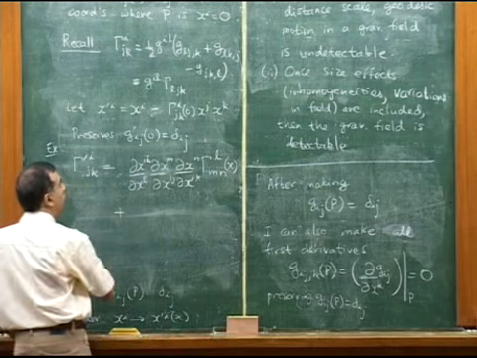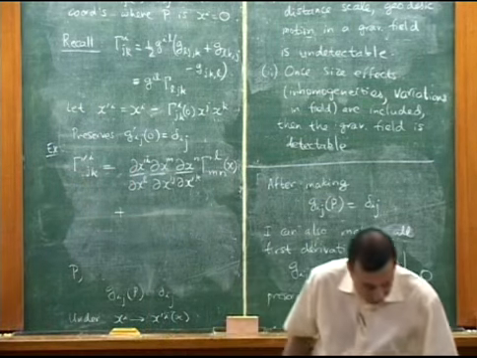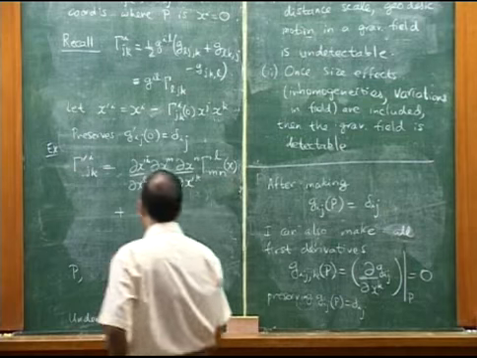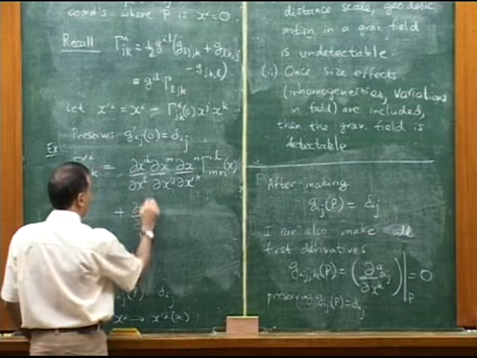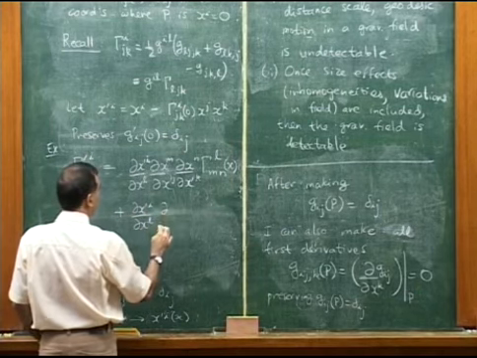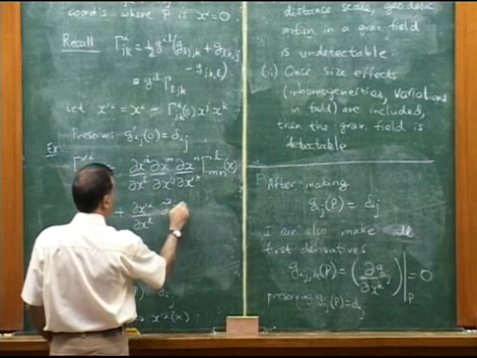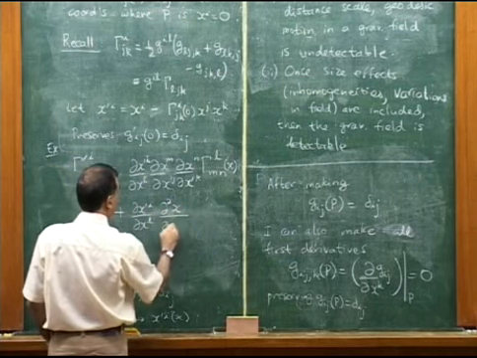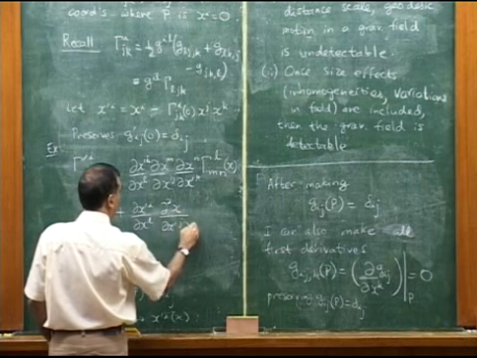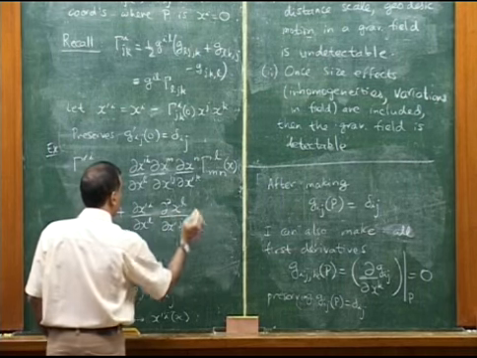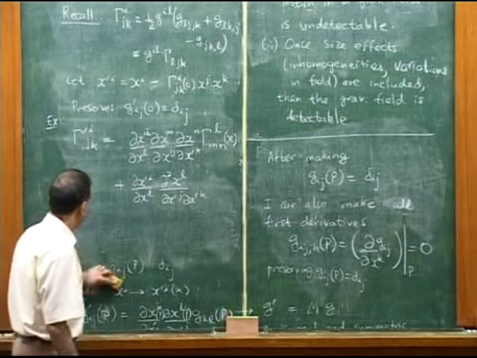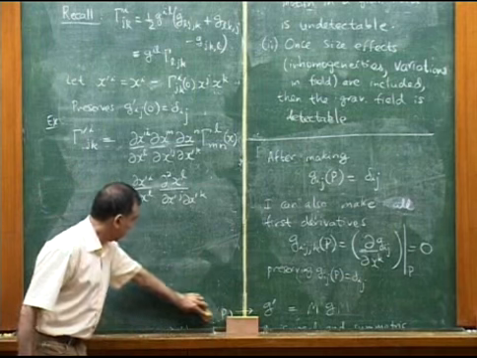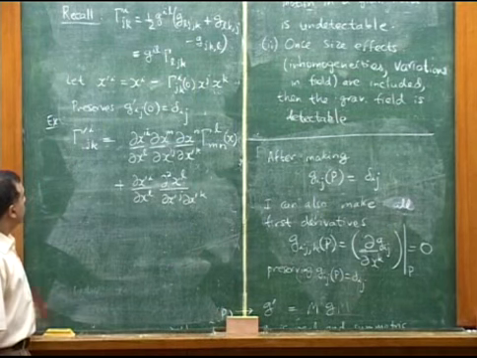So we get a new term, and this factor is the same as here, and the other factor is del 2 x, del x prime j del x prime k, and then these two terms. Okay, so this is a general rule.